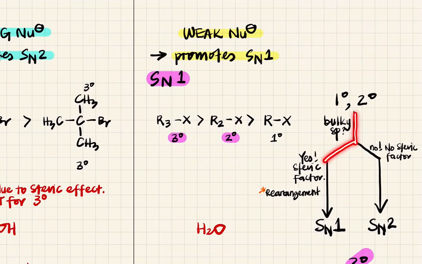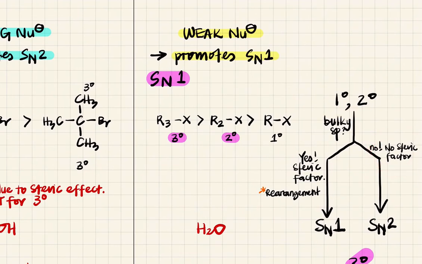So kalau dia ada bulky, dia ada steric factor ni. So steric hindrance. So dia tak sesuai untuk undergo Sn2. Tak boleh. So dia akan undergo rearrangement untuk form a more stable carbocation. Okay. And perform Sn1.